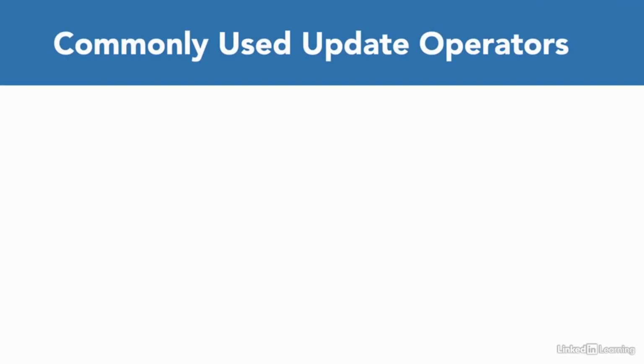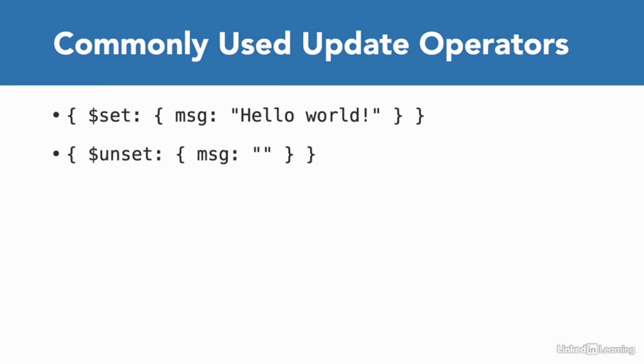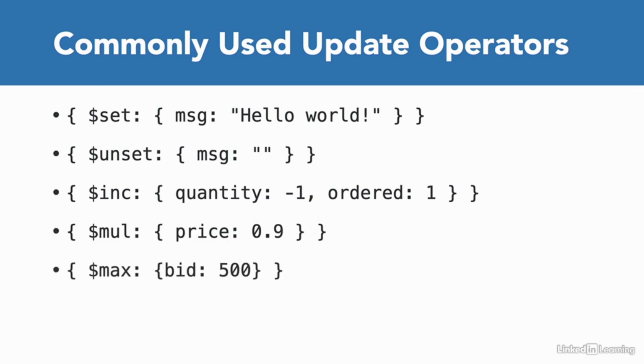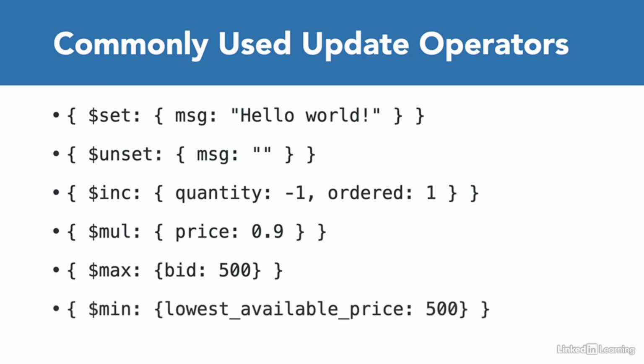The most commonly used operators include $set, $unset, $inc, which increments a field value by a specified positive or negative amount, $mul, which multiplies one or more field values by a specified value, $max, which updates the specified field to the specified value if the specified value is bigger than the current value, $min, which does the same, but if the specified value is smaller than the current value. There are a few more, but these are the most commonly used ones.